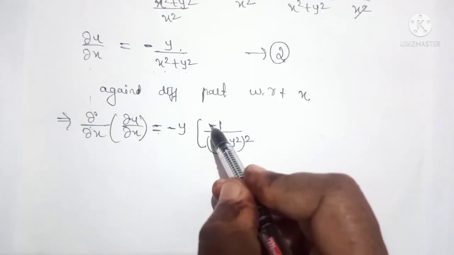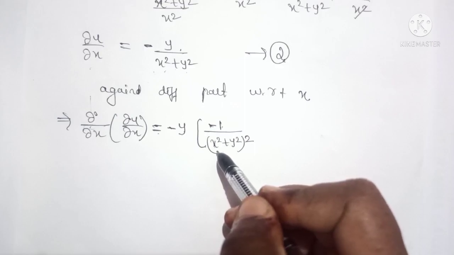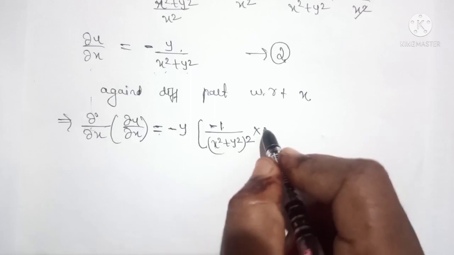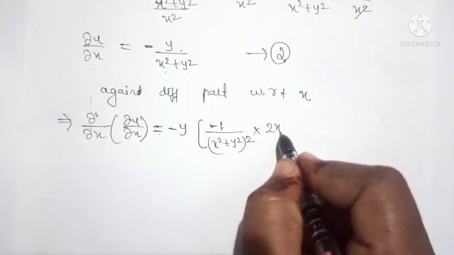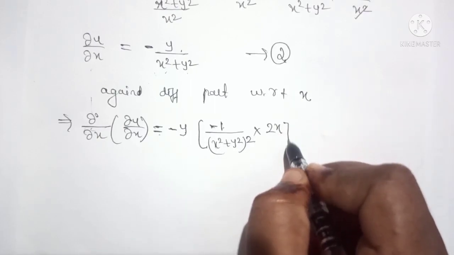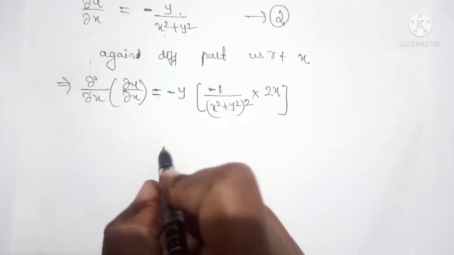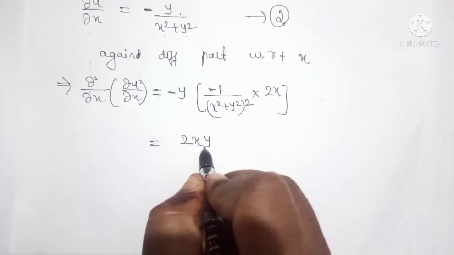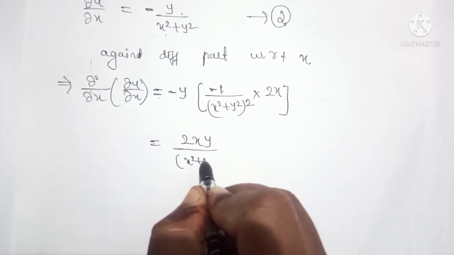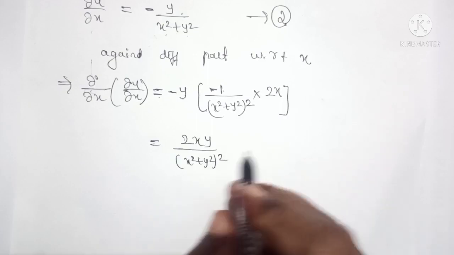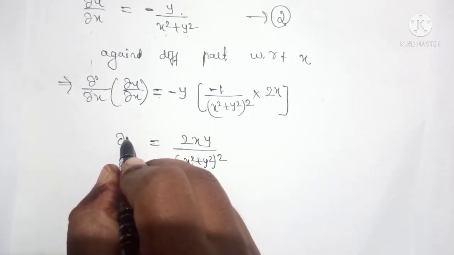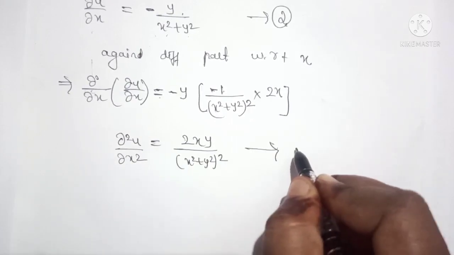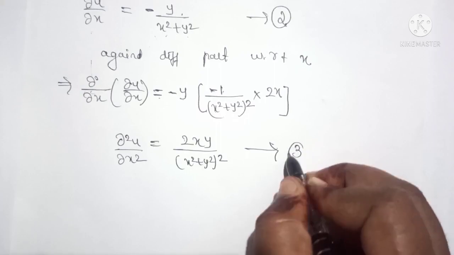Therefore we write minus 1 divided by (x square plus y square) whole square into the differentiation of this one, that is x square differentiation 2x, y square differentiation is 0. So it is equal to minus into minus, plus 2xy over (x square plus y square) whole square. So this is the dou square u by dou x square value. Consider this as equation 3.